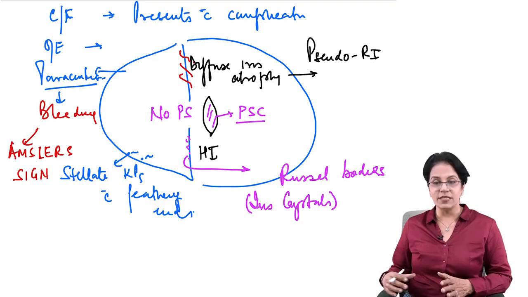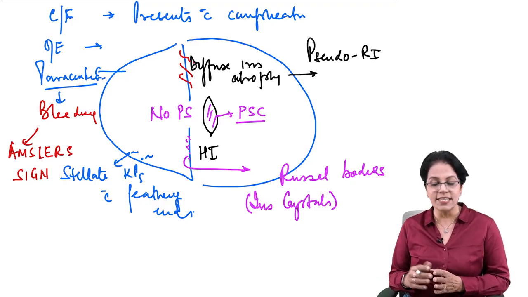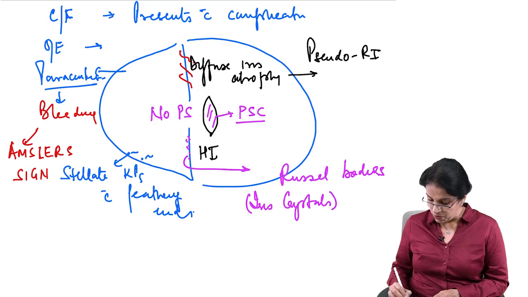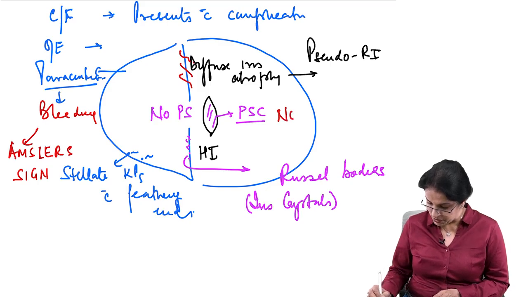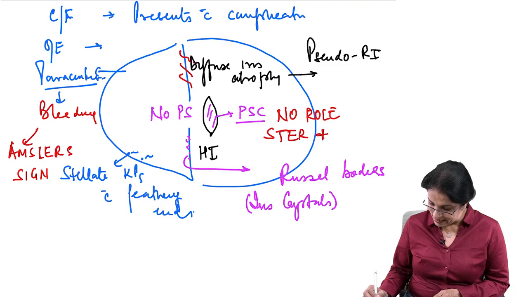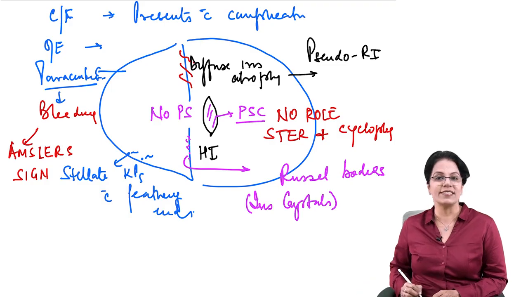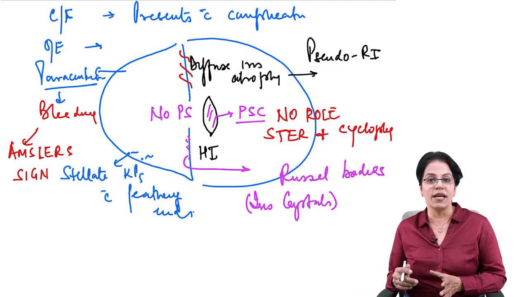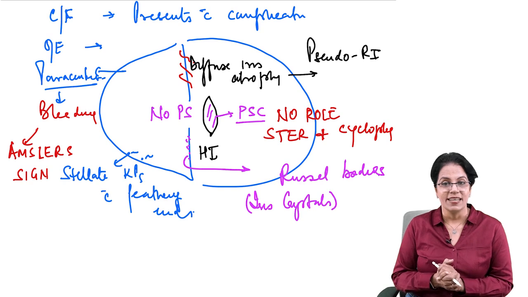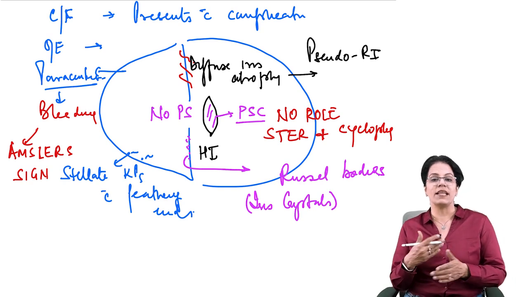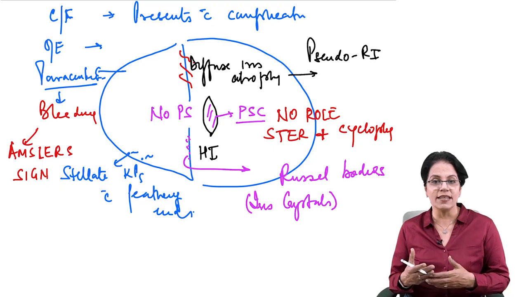Because it's a mainly atypical anterior uveitis, there is no role of steroids or cycloplegics for the treatment. So this diagram will tell you everything. No role of cycloplegics or steroids. Why? Because we don't have that typical presentation. So how do you manage? We go with managing the complications, treat the cataract.